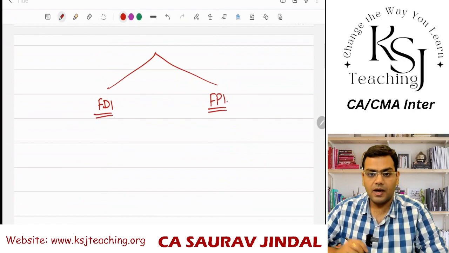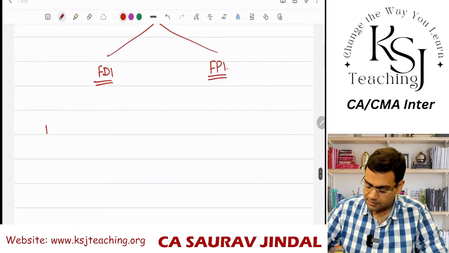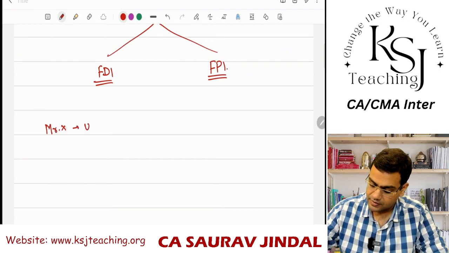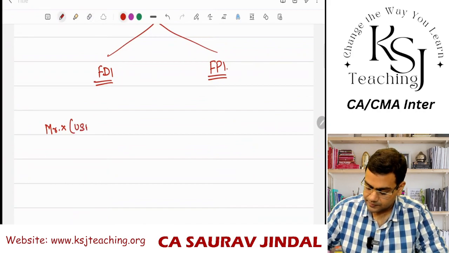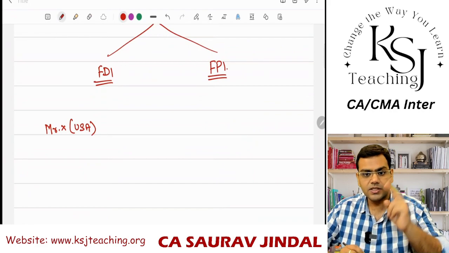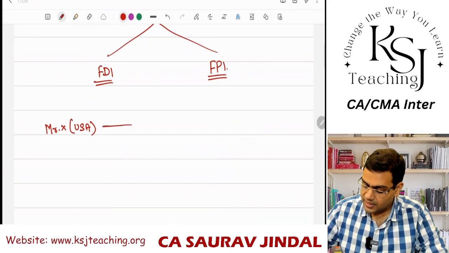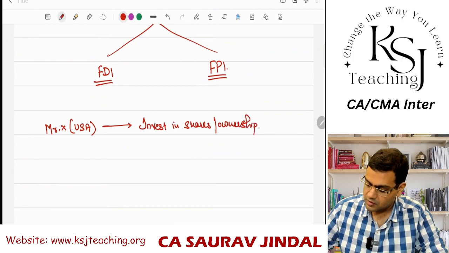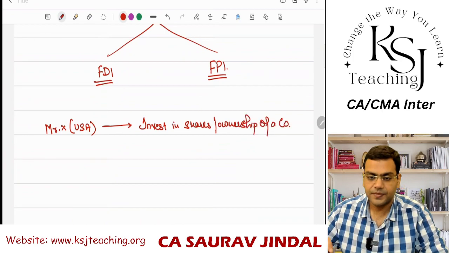Now what is happening here? There is a person, let's say Mr. X. Mr. X is a USA person, from USA. Now he wants to invest in India. So he has two options. Either he invests in shares, or we can say the ownership of a company, right?